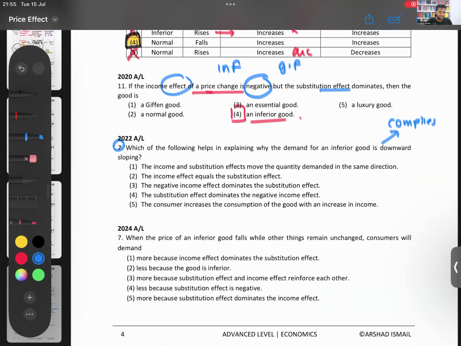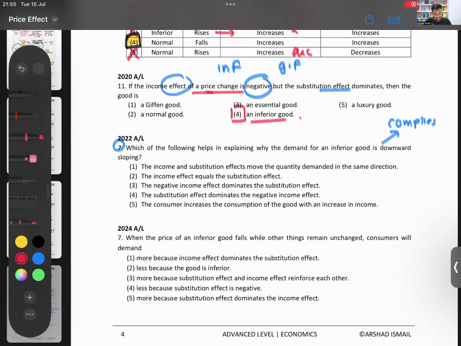Think of the effects. First one, income and substitution effect moves quantity demand in the same direction. Just go in your table and see. For both of it, is it going the same direction? Income effect equals substitution effect. Negative income effect dominates the substitution effect. The substitution effect dominates the negative income effect.